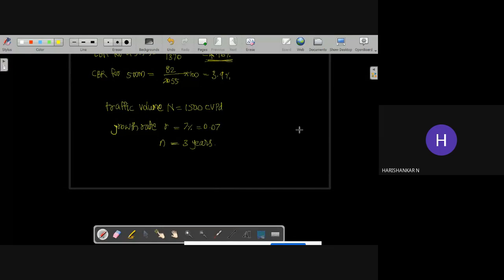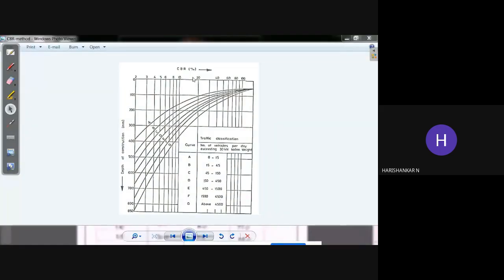So here you can have that 4.16 and the corresponding value can be taken here. I hope it's clear. You can observe the mouse pointer. So that point will represent the pavement thickness, the combined thickness.